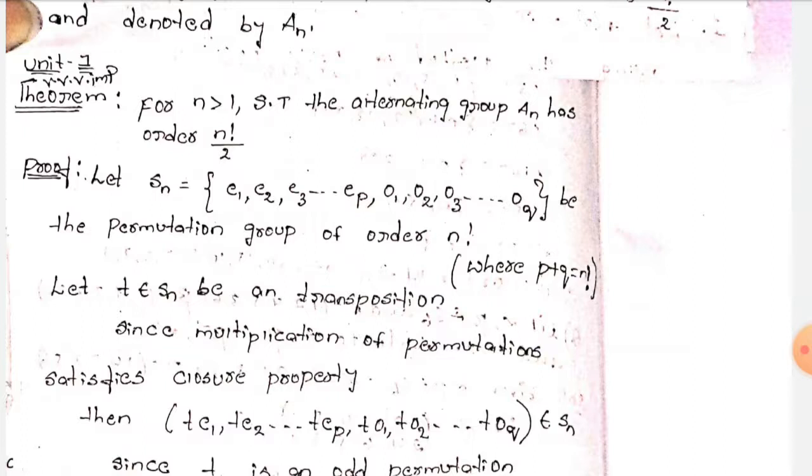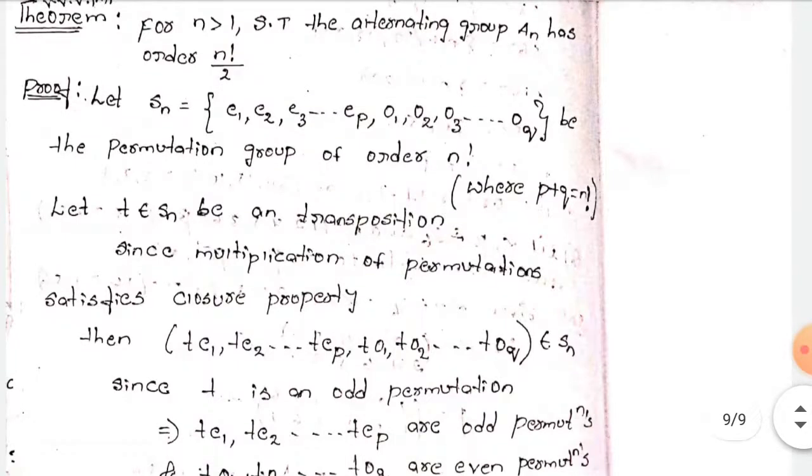Odd numbers we define with O: O1, O2, O3, and so on, OQ. Let S_n be the permutation group of order n factorial. This total set contains order n factorial, meaning E's go up to P and the O's go up to Q, so P plus Q equals n factorial, the total order of the set.